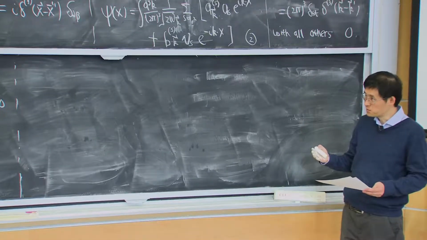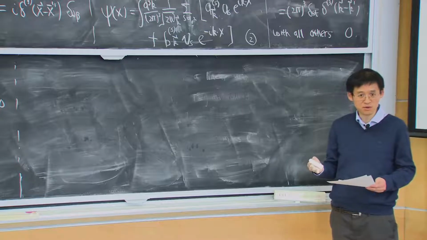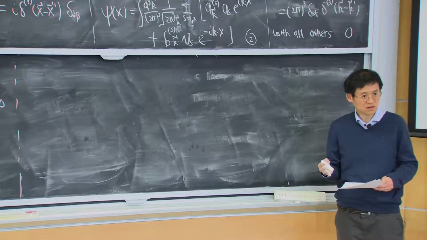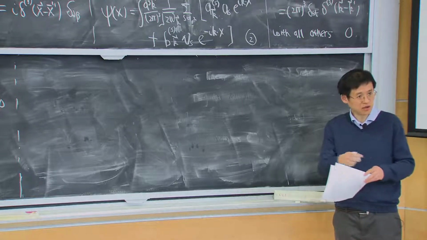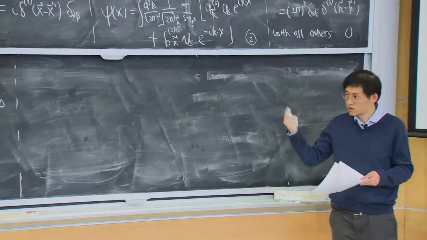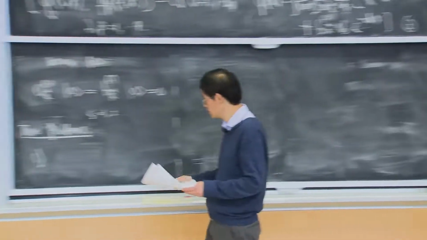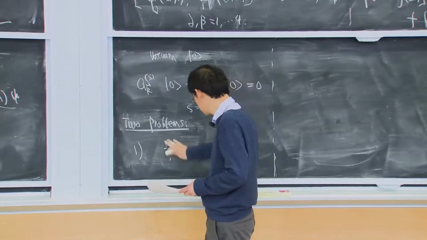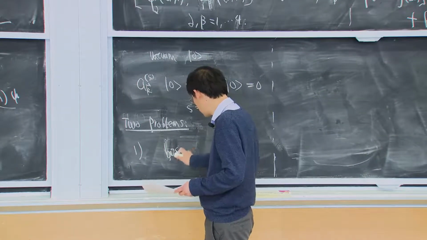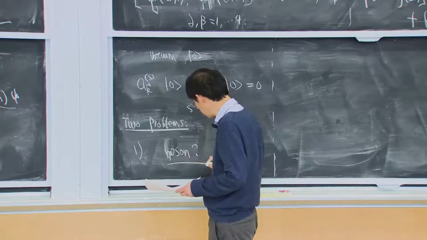But fermions are supposed to obey the Pauli principle, so you're supposed to get a minus sign when you exchange them. So this doesn't look right. We seem to find bosons rather than fermions.